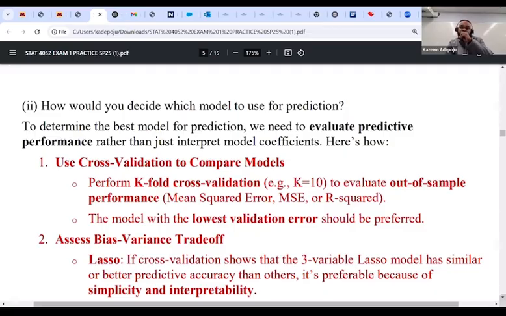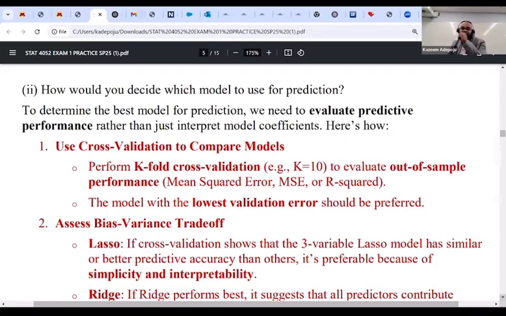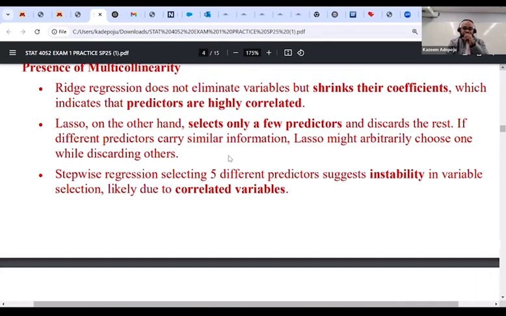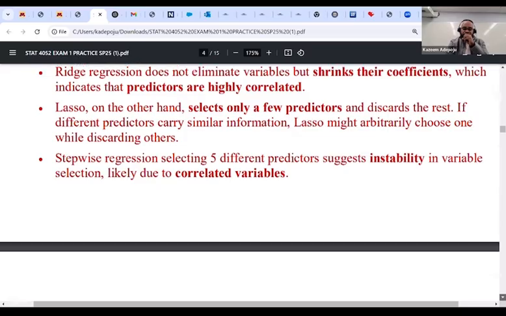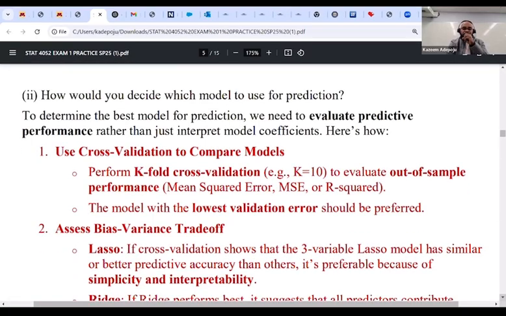I will advise that you read your notes on comparing the training mean square error with the test mean square error. Take a look at this. How will you decide which model to use for prediction? Please pay attention. We're just done with the previous one now.